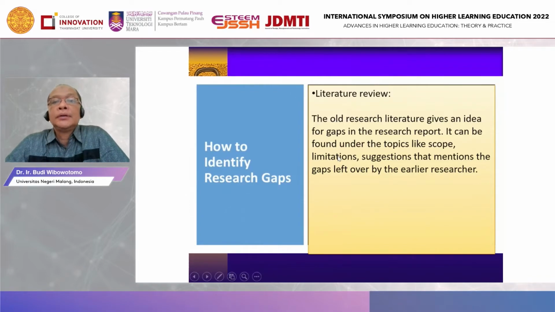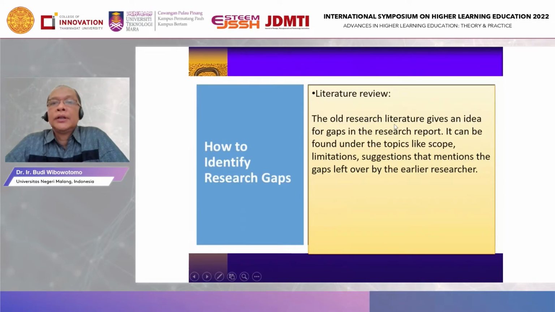And then this is maybe some way to find the research gap. Yeah, the most common way maybe is the literature review. It is usually done by graduate or undergraduate students. This is the easiest way to find the review.